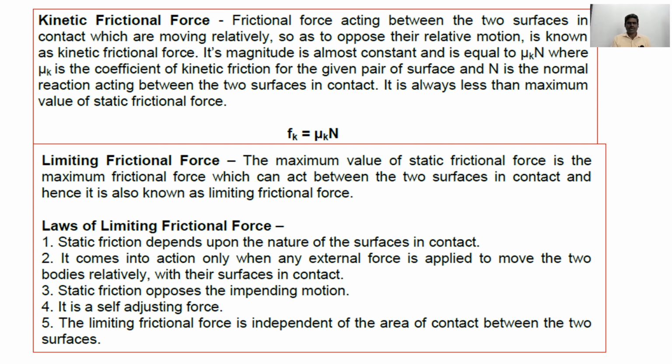It comes into action only when an external force is applied to move the two bodies relatively with their surfaces in contact. Static friction opposes the impending motion. It is a self-adjusting force. The limiting frictional force is independent of the area of contact between the two surfaces.